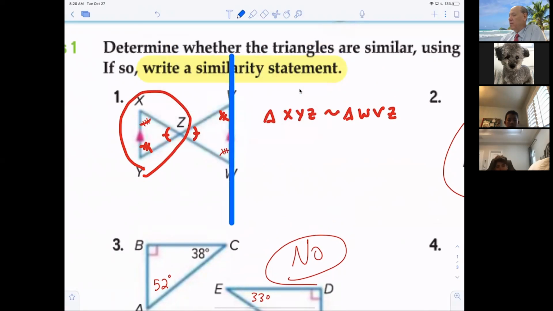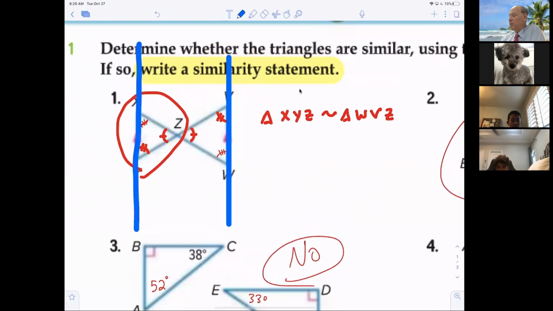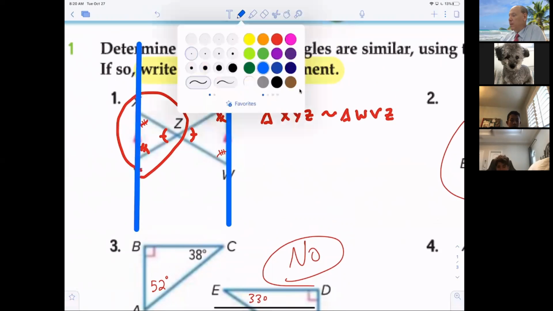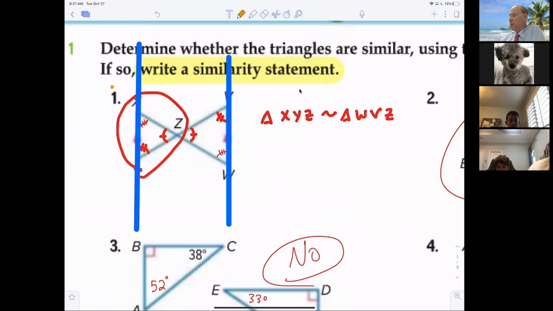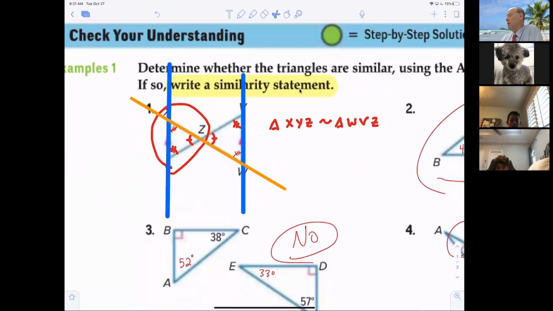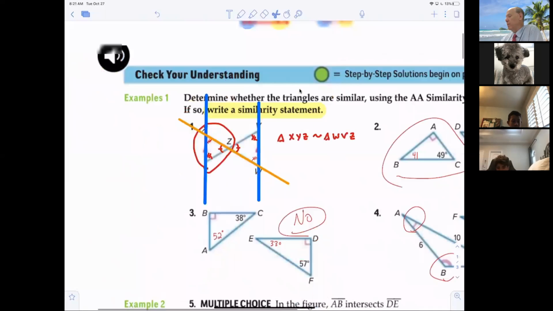There is your parallel lines, and this is your transversal. Even on tests, if you can't see something, extend the parallel lines. To me, it's easier to see, because the alternate interior angles are the ones that are easily missed. Kids switch them up.